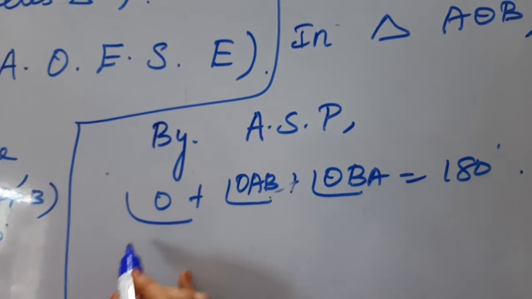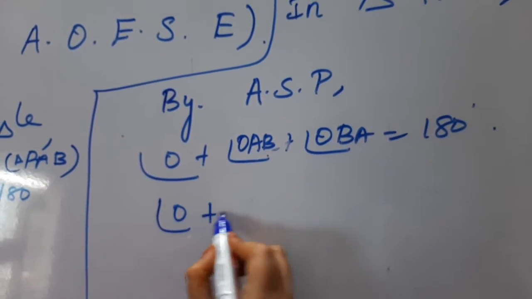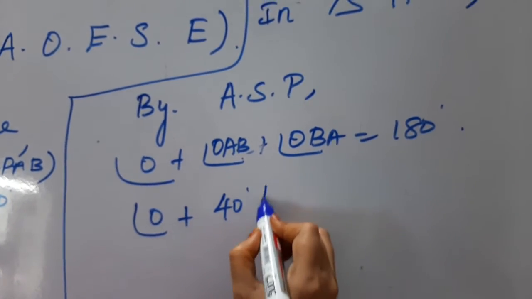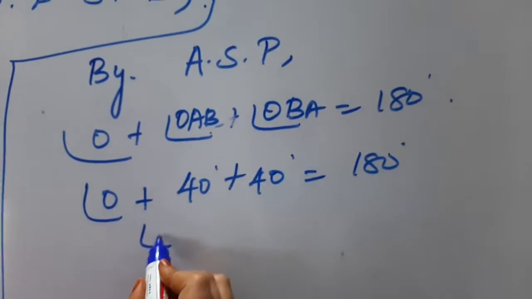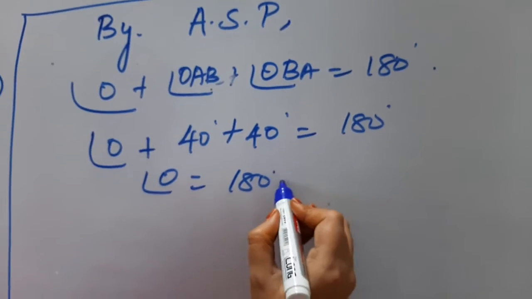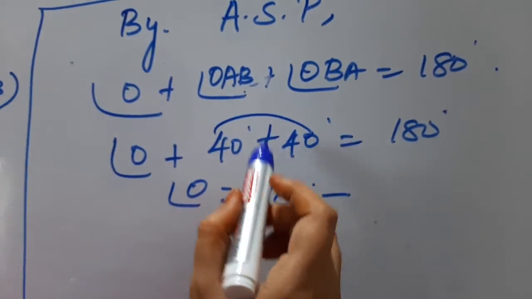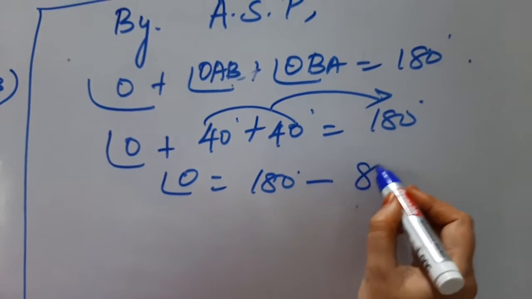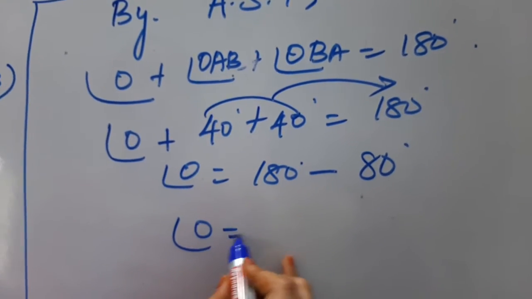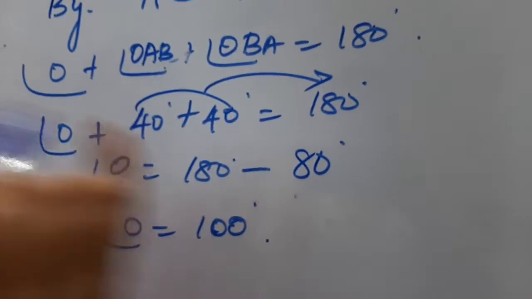That we know. Here this angle alone we don't know. These two angles are 40 plus 40. Therefore angle O we are getting as 180 minus, add this 40 and 40 we get 80, and transposing that to the other side of the equation, we get 80. Therefore angle O is equal to 100.